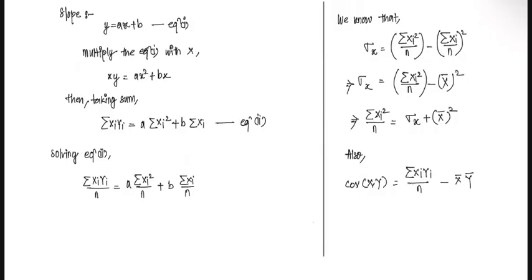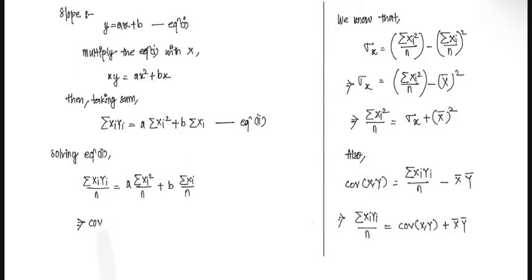So taking Σxi yi by n on one side, and the covariance and the means to the other side like this, we get... put those values that we got till now.